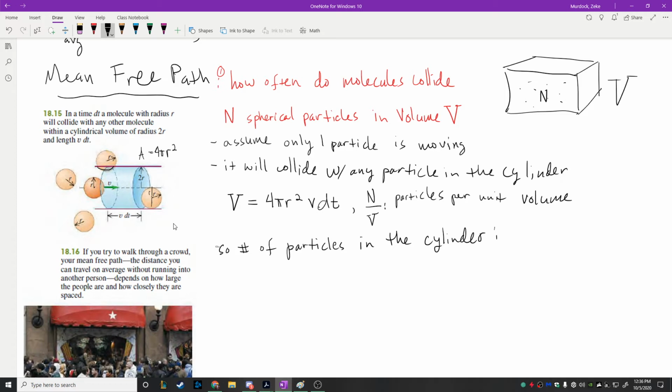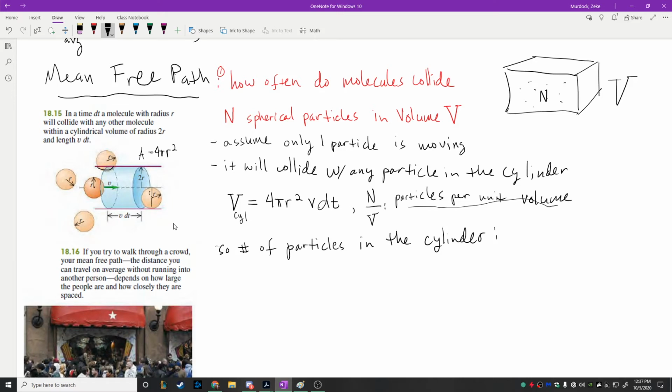The volume of our little container is this. In fact, I should probably call this something different. Let's call it V cylinder, because this V is the total volume. So how many particles would there be inside the cylinder? I could just take the number of particles per unit volume in general and then multiply by the size of the cylinder, right?